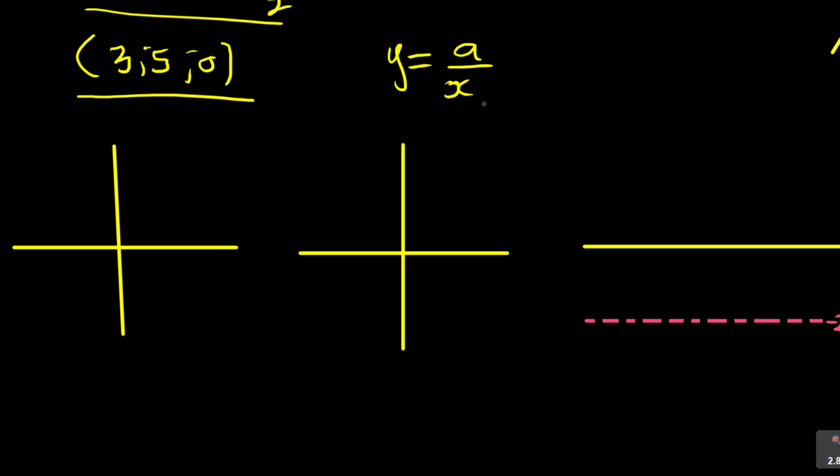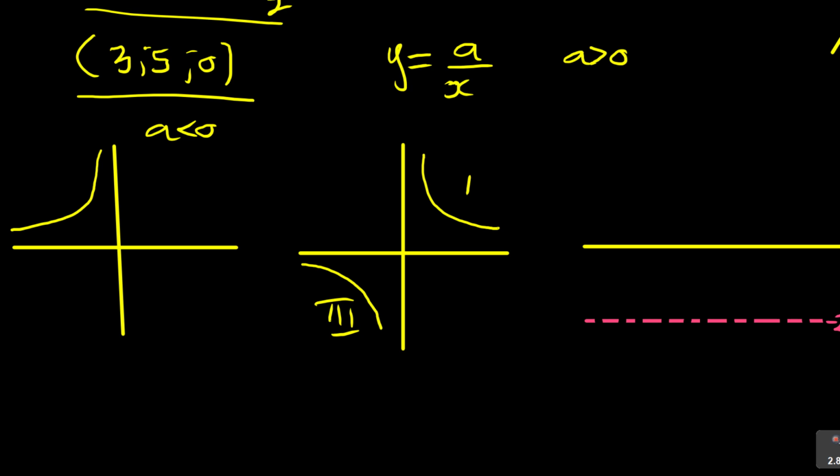Let's just use that, a over x. If a is greater than 0, it is in quadrant 1 and quadrant 3. That's the graph 1 and 3. But if a is negative, less than 0, it is in quadrant 2 and quadrant 4. 2 and 4. So you need to know the shape of the graph.